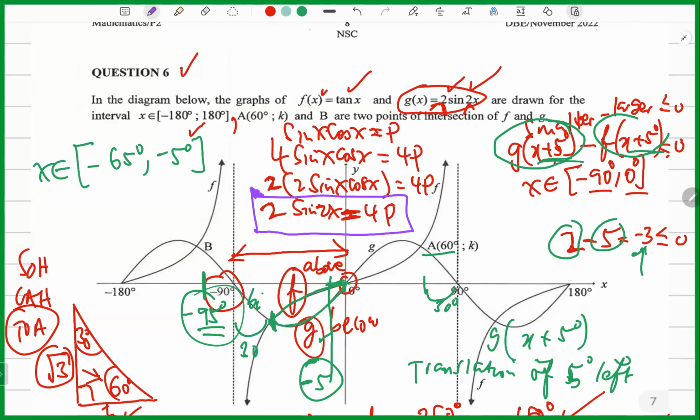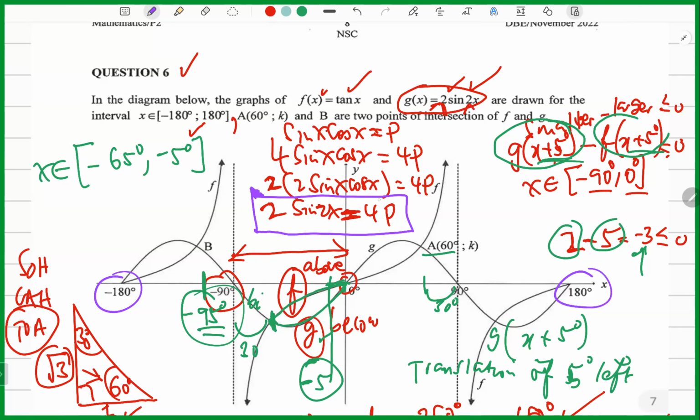Now, we're interested in the values of p. So, what does this mean? Between minus 180 and 180 degrees, this is equal to 4p.